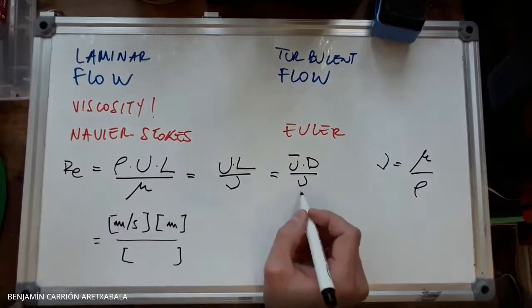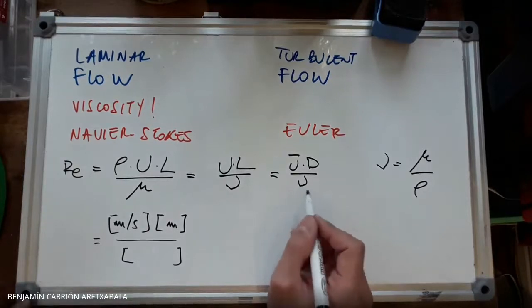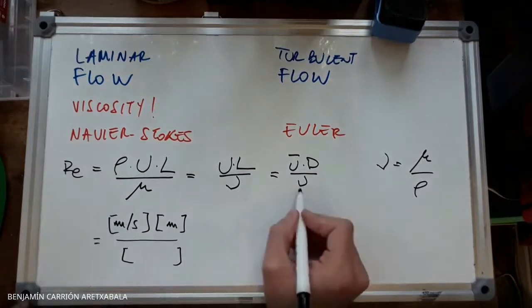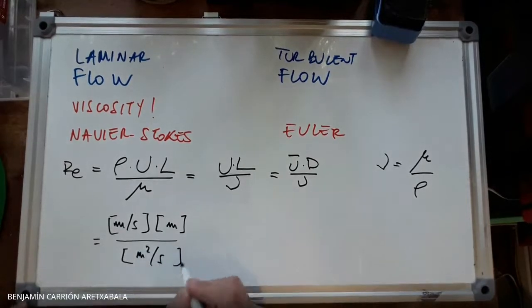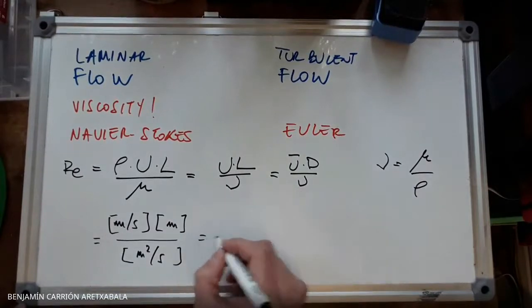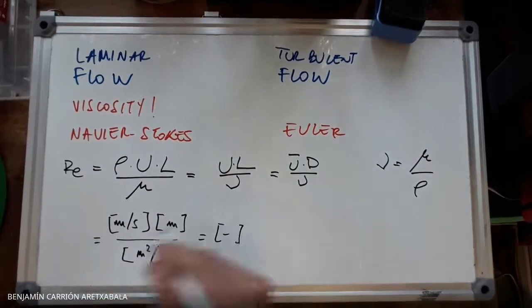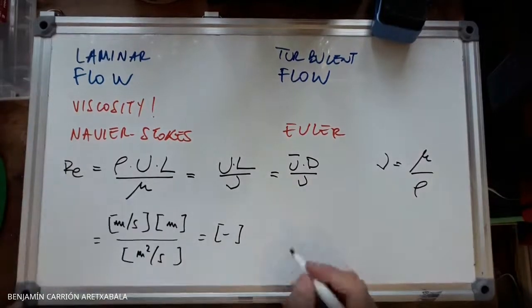The units of nu are meters squared divided by second. You can check it later, but that's what it is. So this has no units. It's non-dimensional, right?